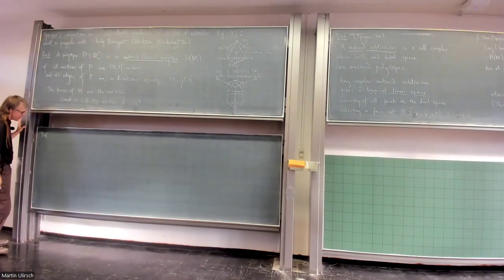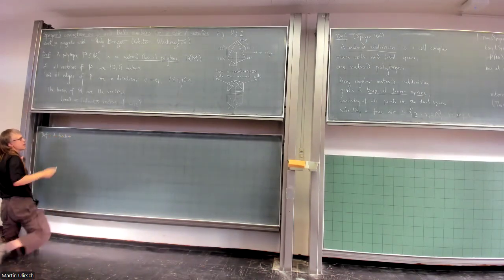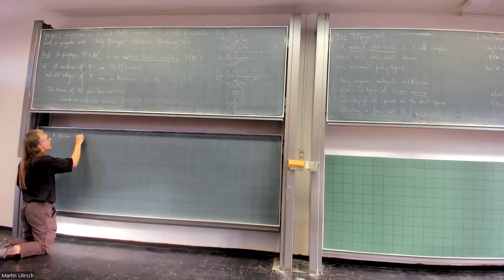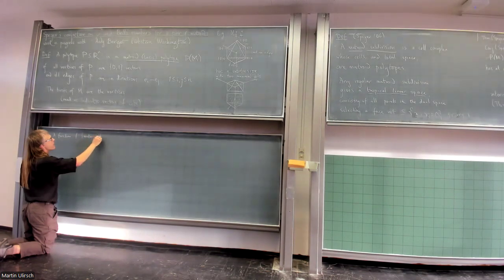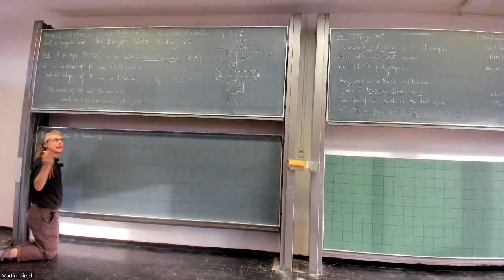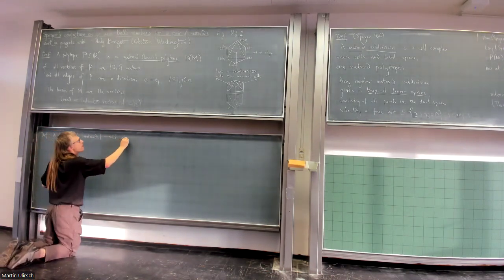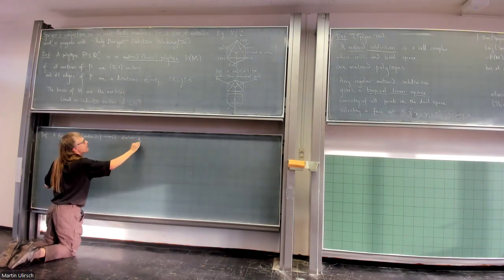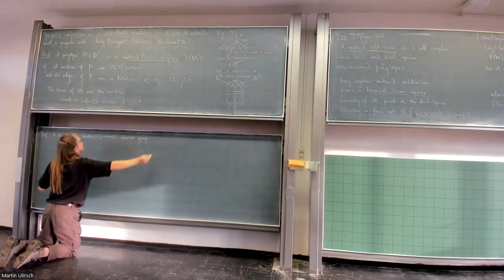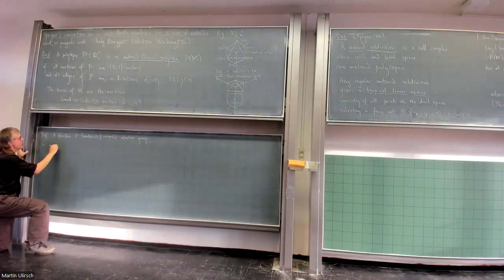So a function, let's say I want it to run from the set of all matroids, maybe it can be the set of all matroids on n or something like that, into some abelian group, is called a valuation.